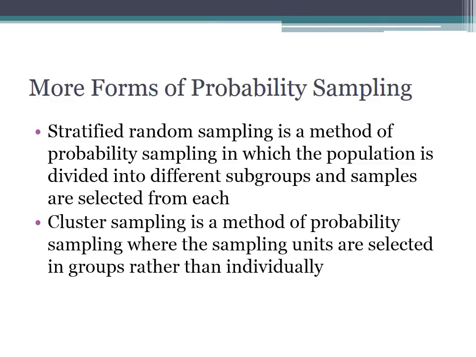And last, we have cluster sampling, which is a method of probability sampling where the units are selected in groups rather than individually. So let's say we were doing UK students. We could get each of the lists of the colleges, nursing students, engineering students, business students. Then in a bowl, we would put each of the names of the colleges.